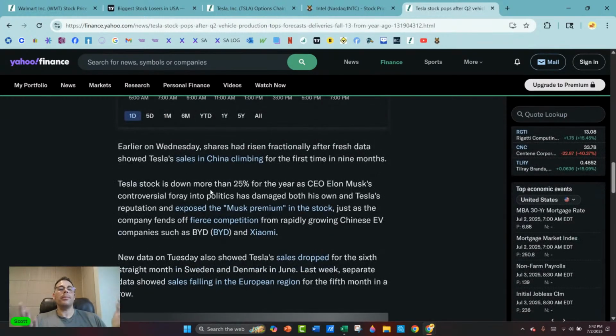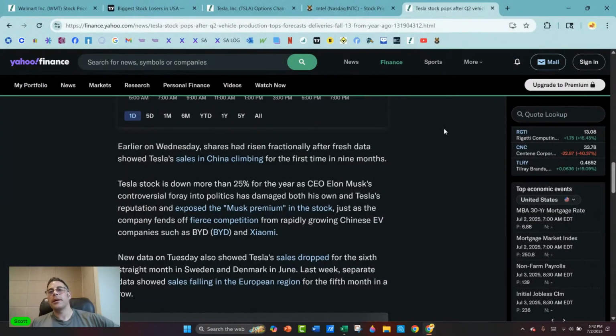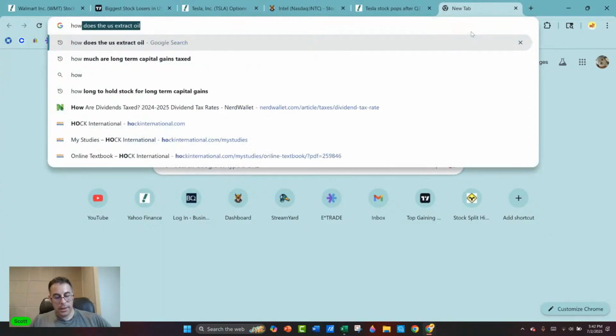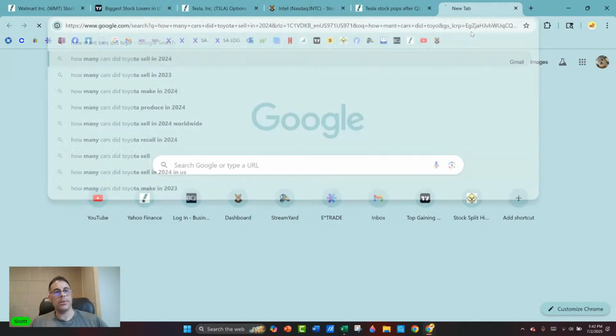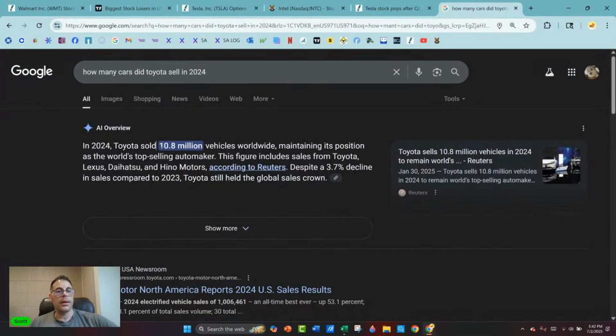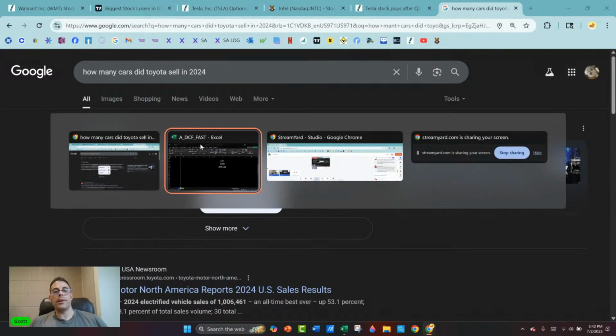So how does Tesla go up? It's nuts. It's not even that many cars. 384,000 cars. Like, how many cars does Toyota sell in 2024? In all of 2024, Toyota sold 11 million cars.